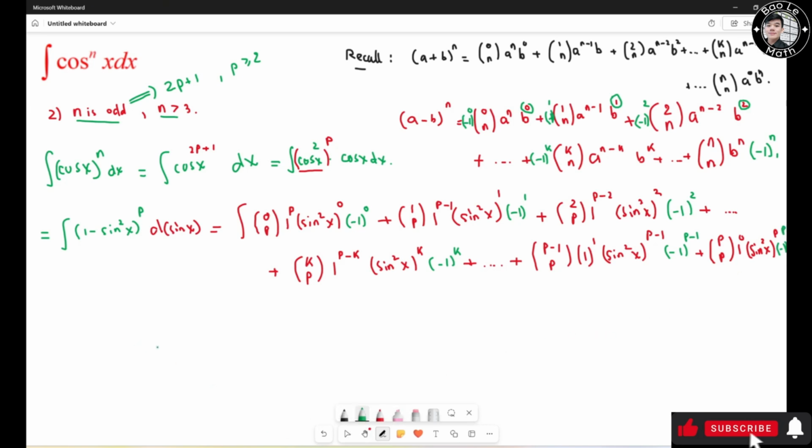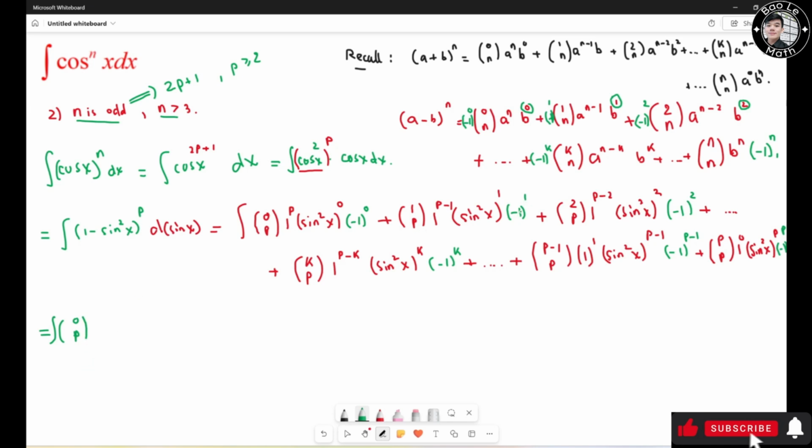Alright, so we need to simplify this one. This turns out to be the combination of 0, p. 1 raised to the power of p is going to be 1. Sine square of s raised to the power of 0 is going to be 1. Now negative 1 raised to the power of 0 is going to be 1, right? So the first one you only have this, right?